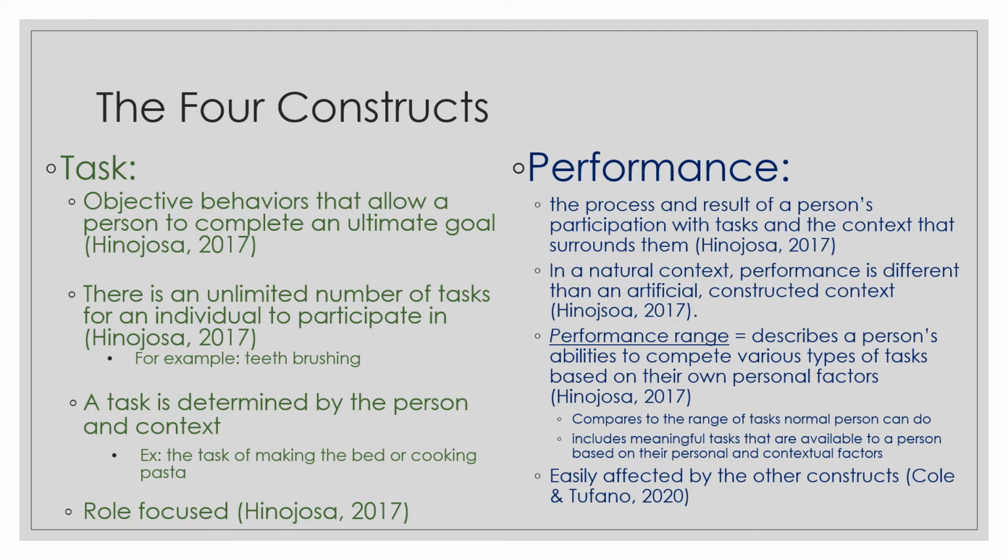In addition, it encompasses the person, context, and the task. The range includes meaningful tasks, again, that are available to a person based on their personal and contextual factors. Lastly, performance is easily affected by the other constructs since it is based off of the context surrounding a person, the person's abilities, and the tasks that they hope to accomplish.